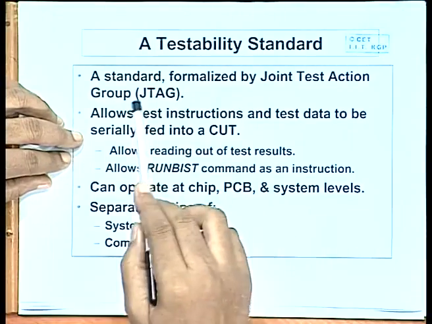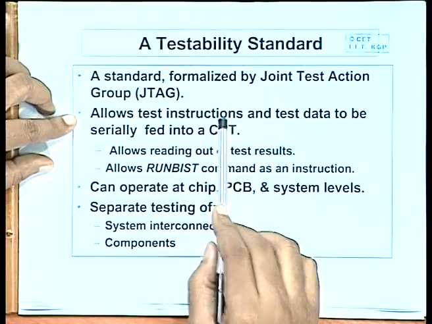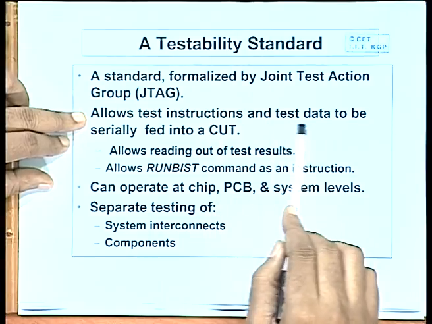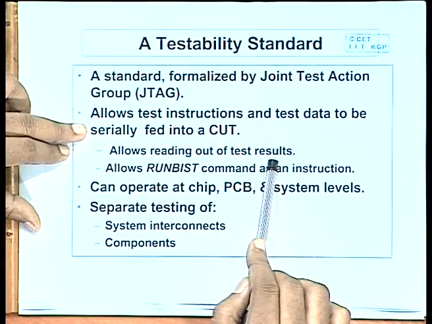So, externally when you are instructing the chip to do something, it is something similar to giving a small test instruction, that means what kind of test you want to do. Okay? So, this JTAG standard includes a set of such test instructions in the standard architecture itself, and using these test instructions you can feed the test data and you can also read out the test results.